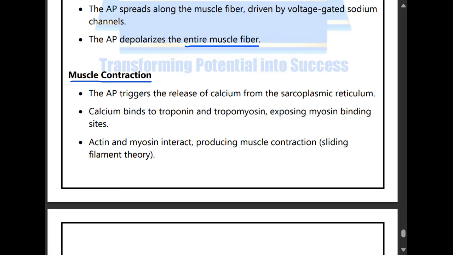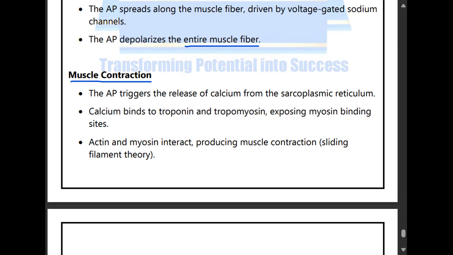For contraction as well, actin and myosin interact, and when they interact, they produce muscle contraction, which will be talked about in detail under the sliding filament theory.